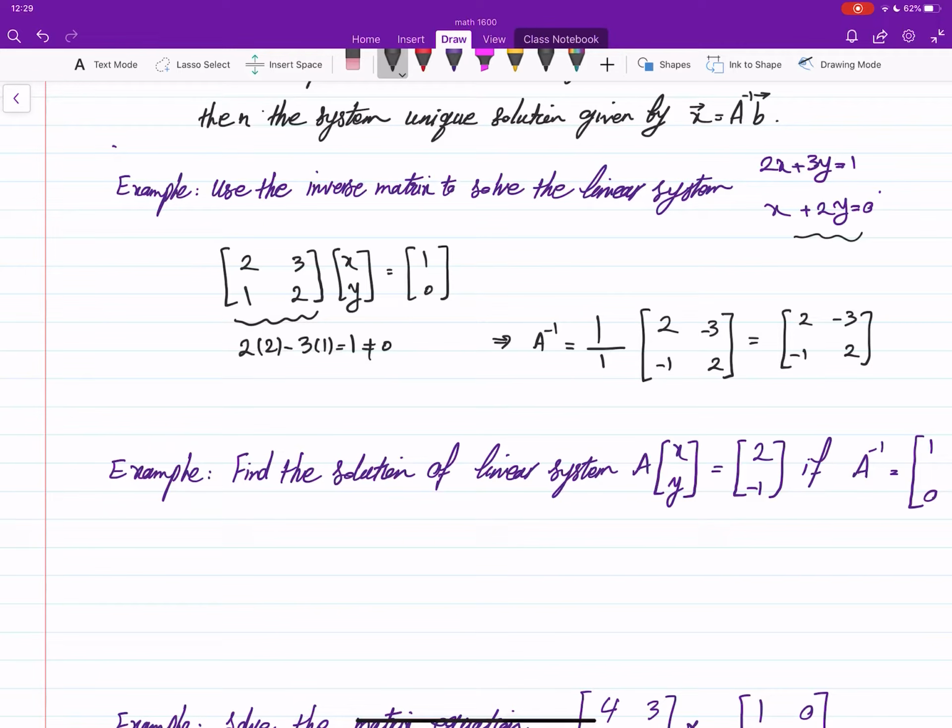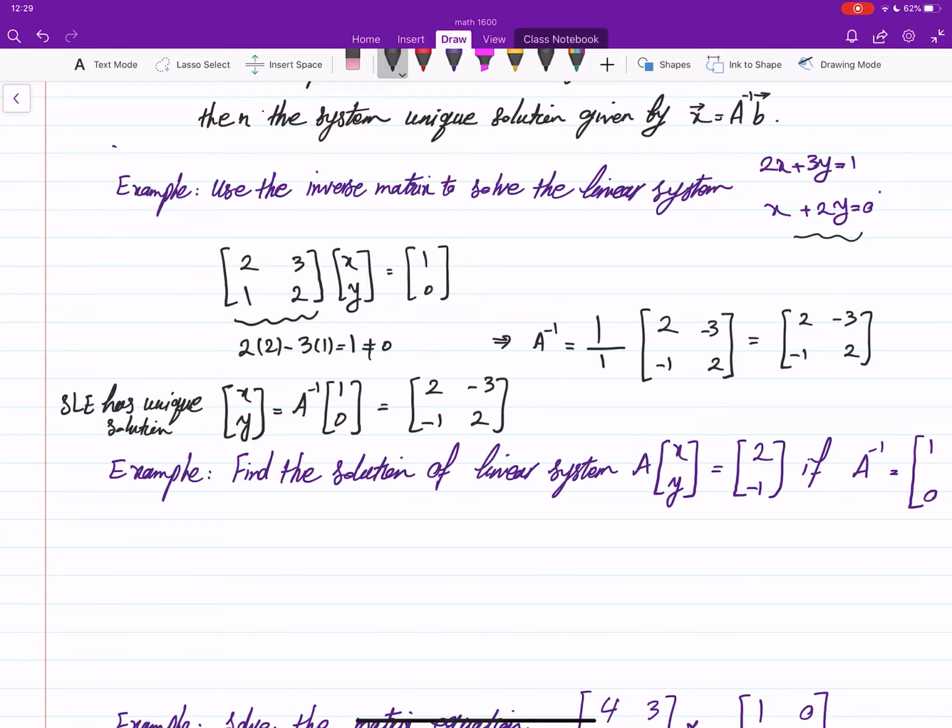Then, as a result, the system has a unique solution, and it is given by x equals A inverse times the constant vector. Here it is 2, -3, -1, 2, multiplied by 1, 0. This will give us 2 and -1.